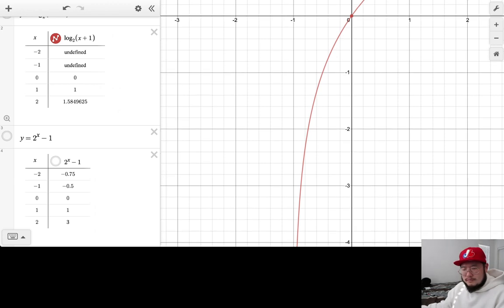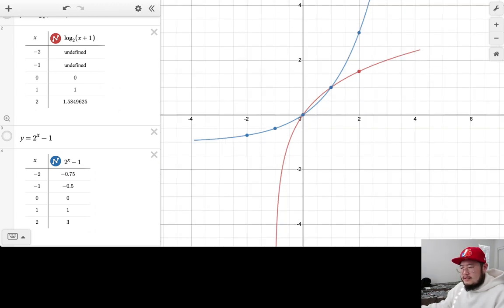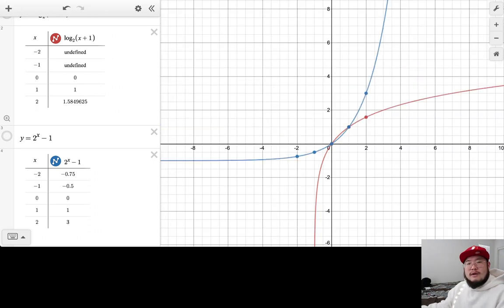The thing here is this: if we plot the other graph that we first found, the inverse, you'll see in blue what y is equal to 2 to the x power minus 1 looks like. And there you go. If I look carefully, these two functions are actually reflections of one another. Are they not?